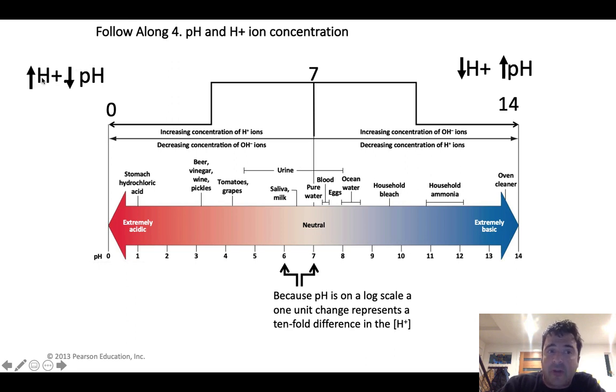Whatever happens to the concentration of hydrogen ions, the opposite happens to pH. So hydrogen ion concentration goes up, pH goes down. As pH goes down, a solution becomes more acidic. So hydrogen ion concentration increases, pH decreases, making a solution more acidic. On the flip side, as hydrogen ion concentration decreases, pH increases, making a solution more basic.